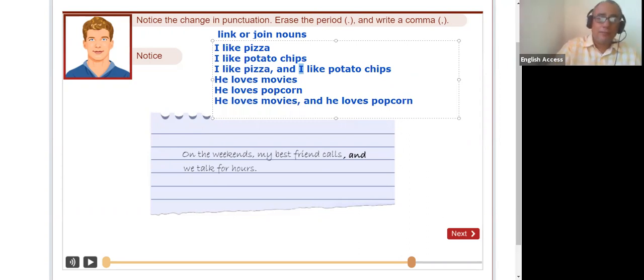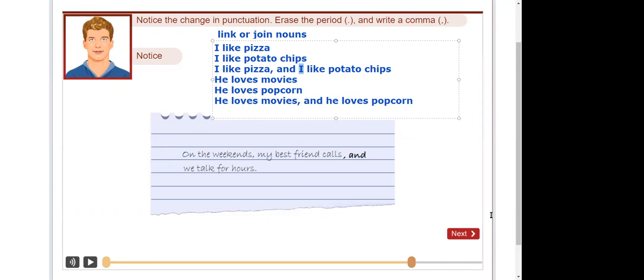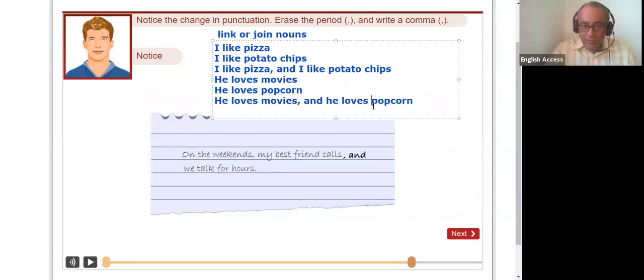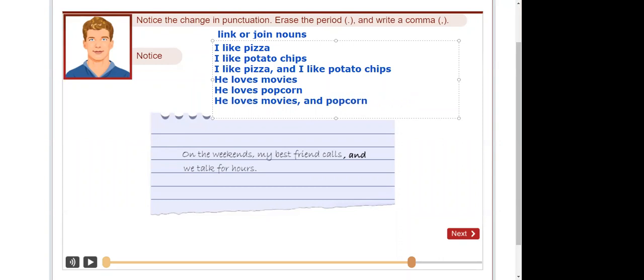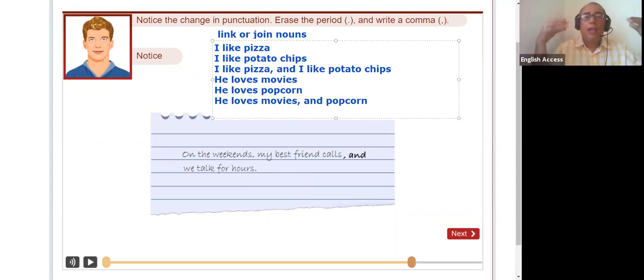Yes, Fatima? Siempre se va, después de and, se va a volver a repetir la oración o también se puede poner he loves movie and popcorn. That is correct. Very good observation. Movies and popcorn, all together, they have the same idea or the same message.